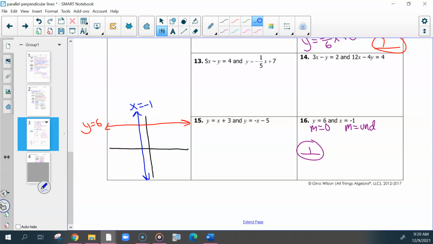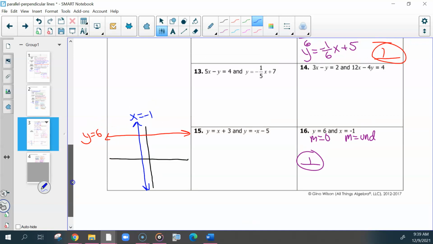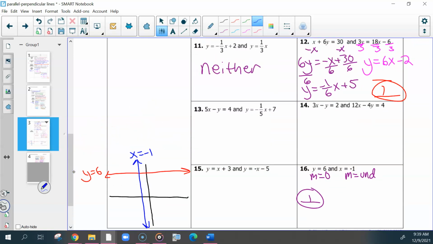There's nothing to solve. You just answer it. So 6 is perpendicular, right? You would just answer one over one. Yeah. Oh, I write -1. Alright, I'm going to give you guys the next 5 to 10 minutes to answer numbers 13, 14, and 15, then we'll go over those.